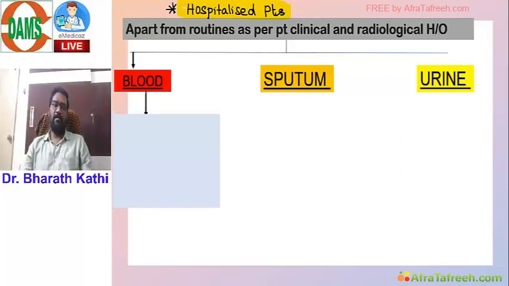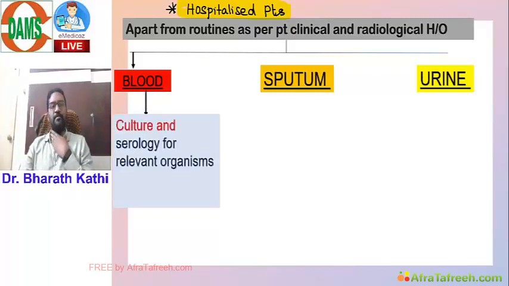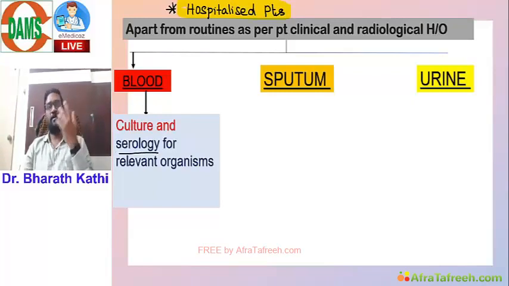So in the blood, especially in hospitalized patients, you can send blood culture before starting the antibiotics. And along with that, serology for relevant organisms. So you're thinking of Legionella pneumonia or Mycoplasma pneumonia. There are some blood tests available for diagnosis of Legionella and Mycoplasma.